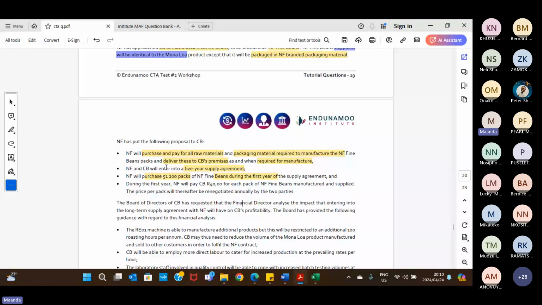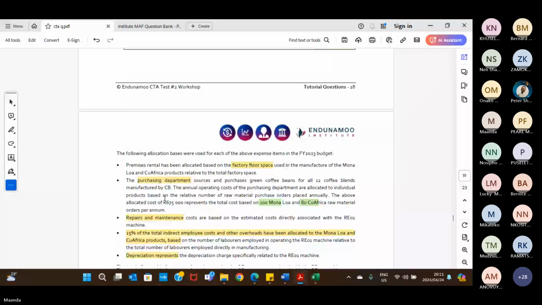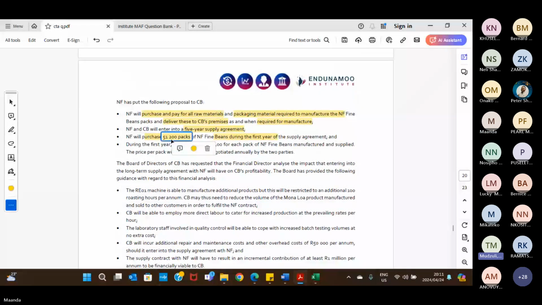Which one is which? It's 20%. So you're saying we're going to divide by 80% to get to the 100% input.